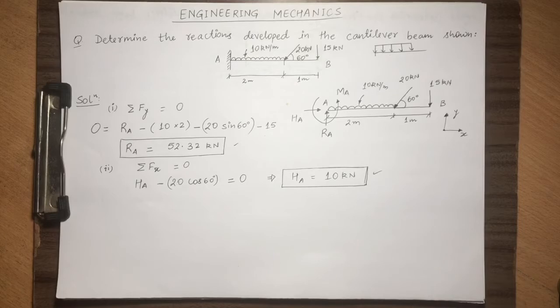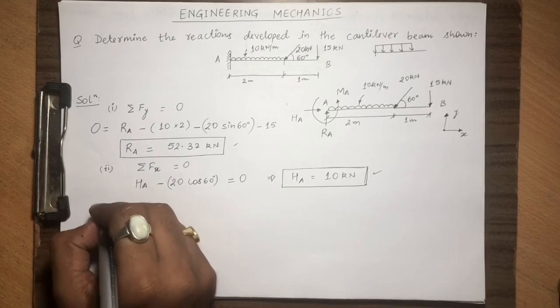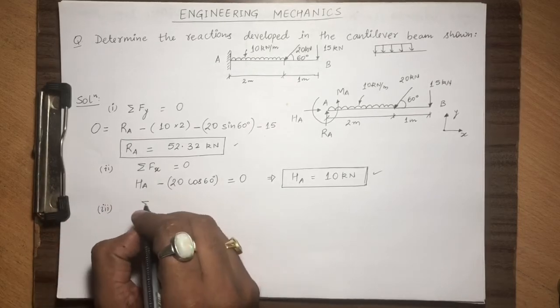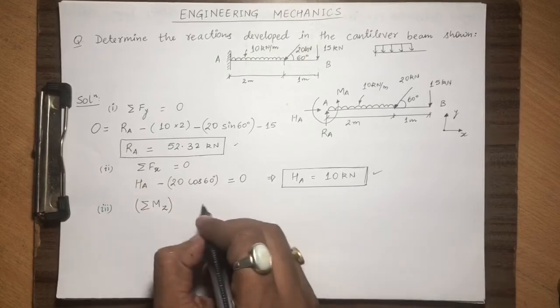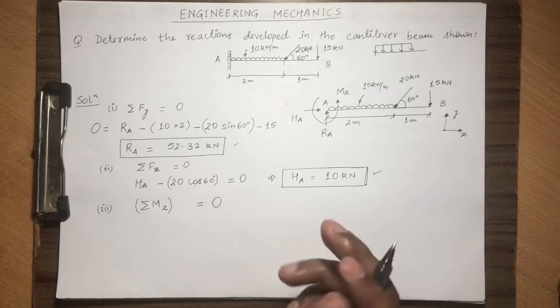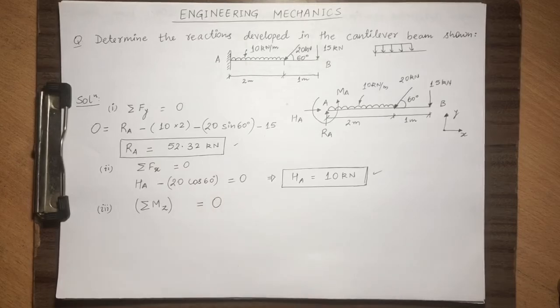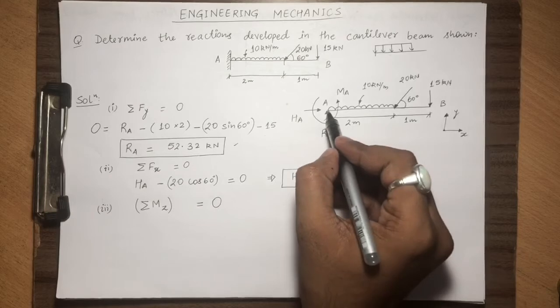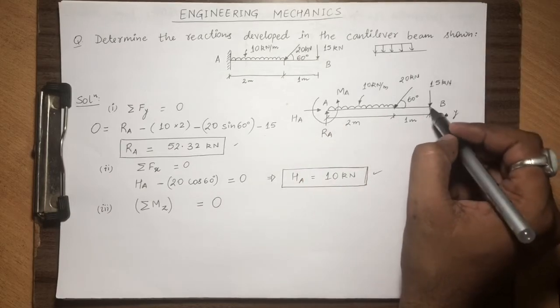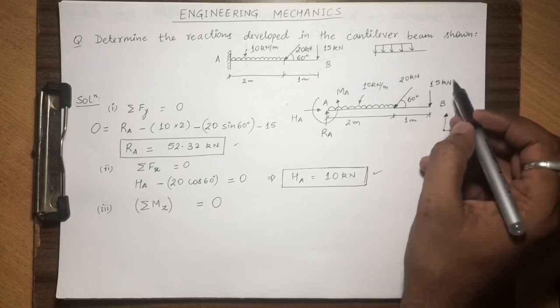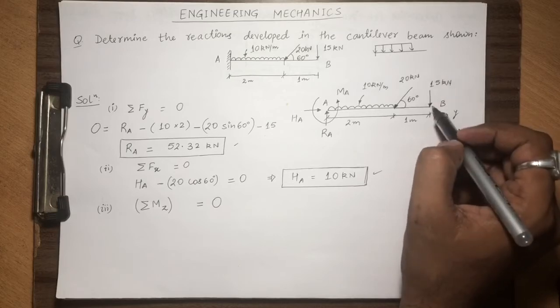So now the third equation is summation of mz about any point will be 0. So we have to choose our point very carefully. Okay, so if we are choosing point B, let us say, only the moment of 15 kilonewton about this point will be 0.